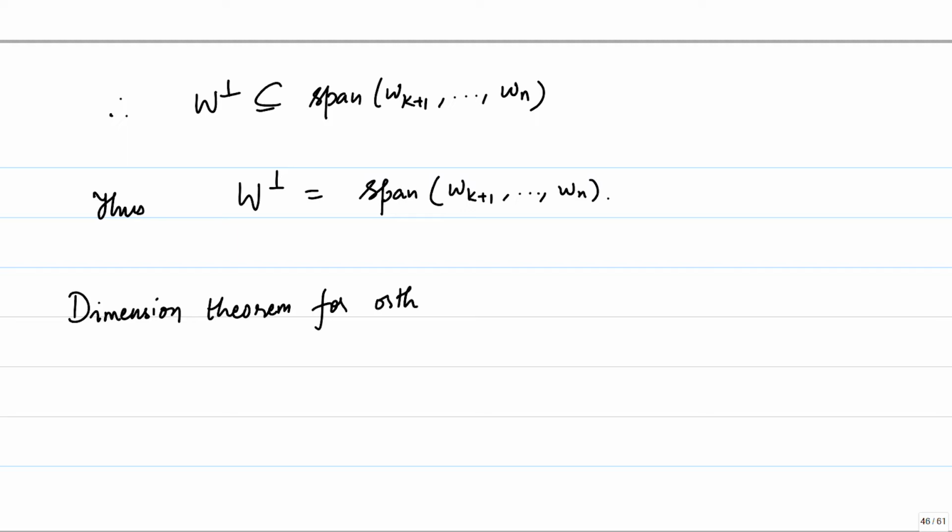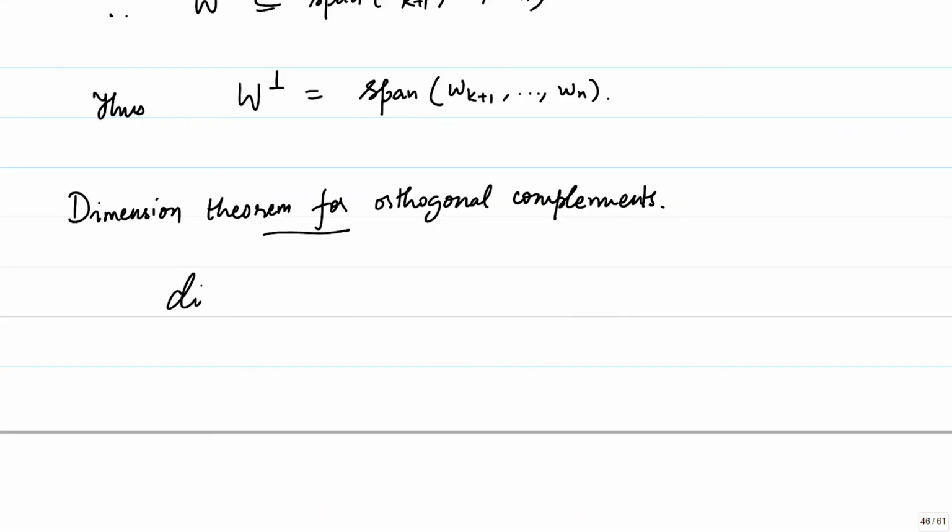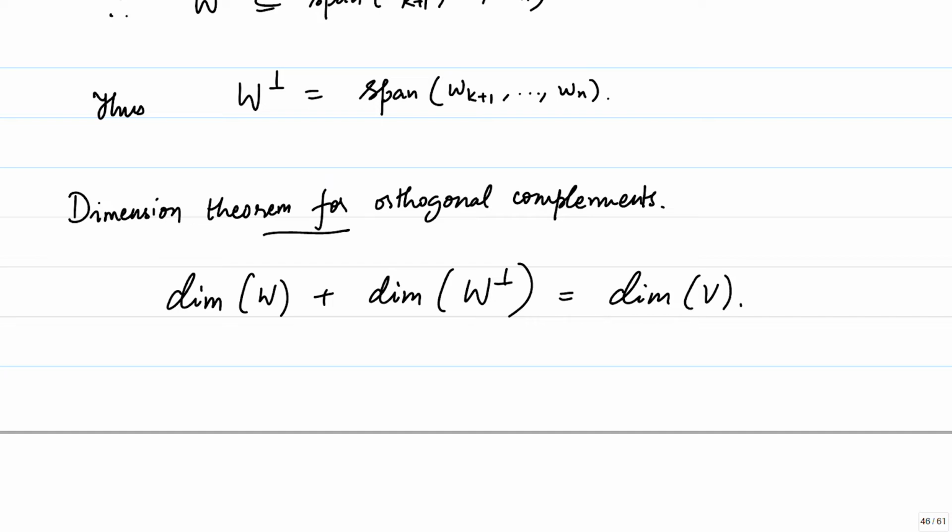For orthogonal complements, what it tells us is that the dimension of the orthogonal complement is n minus k. So, in other words, the dimension of W plus the dimension of the orthogonal complement of W is equal to the dimension of V. So, this we obtain as a corollary.